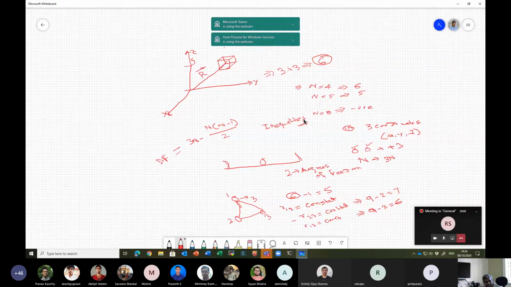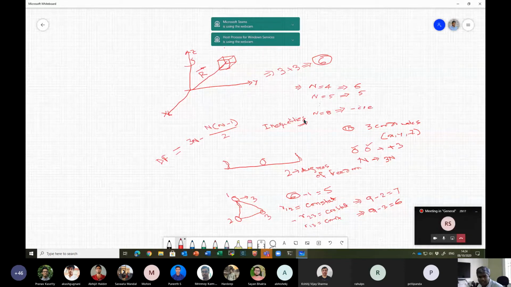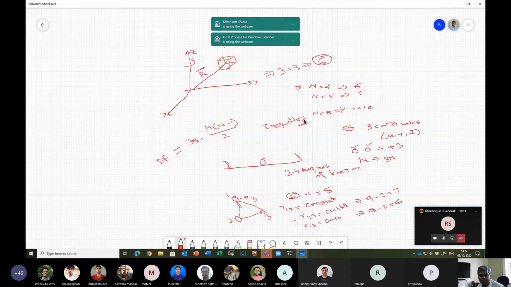But we don't call this a constraint, we call it an inequality, or a kind of boundary condition. These inequalities will not reduce your degrees of freedom.